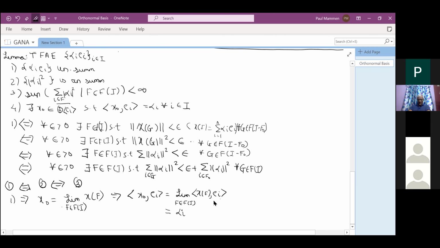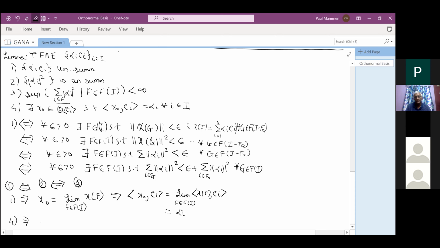And in terms of the definition, for all f greater than the singleton set alpha i and disjoint from it, since it contains alpha i, x_f comma e_i is going to be alpha i, and so the limit is going to be alpha i itself. And so 1 implies 4.